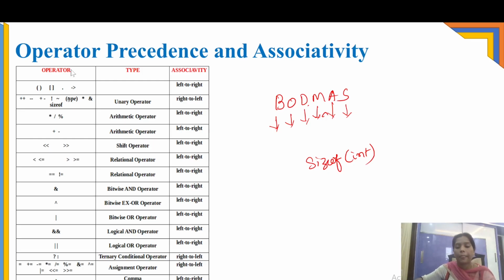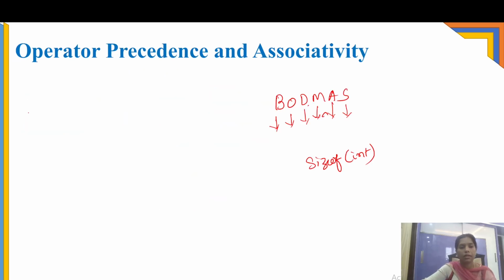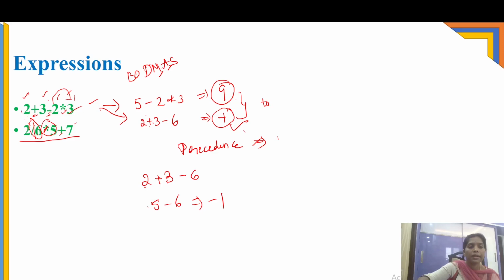Okay. In the above example, see here, 2 by 6 into 5 plus 7. So here, division, multiplication, both are having same precedence. In the chart we have seen, multiplication and division both are having same precedence, right? So then which one must be evaluated first? In this situation, associativity comes into the matter.